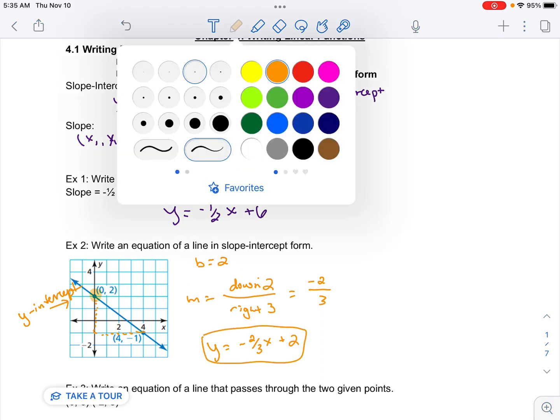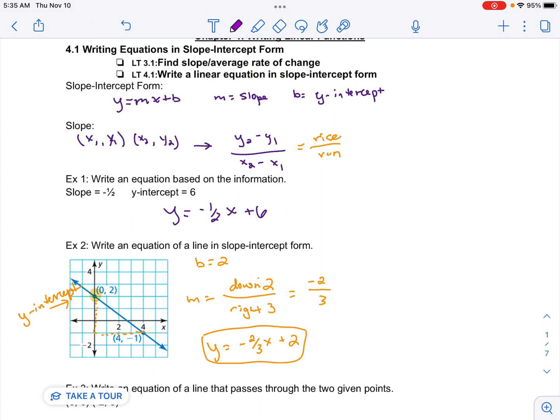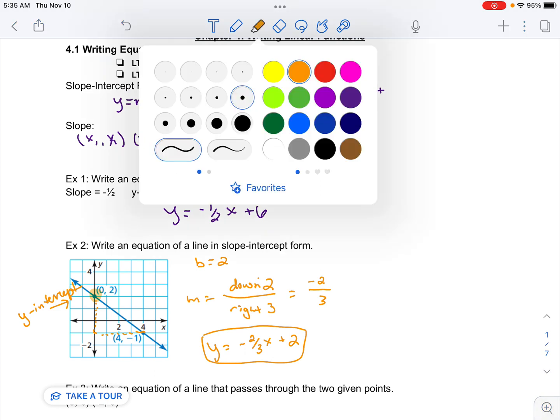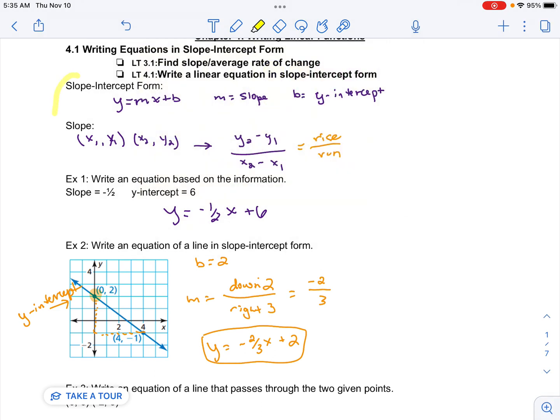So now let's go and actually add some stuff to our frame. On your frame, information here is important, so I'd write that down on your frame. And then this next information, just talking about the slope, remember, if we have down, that's a negative.